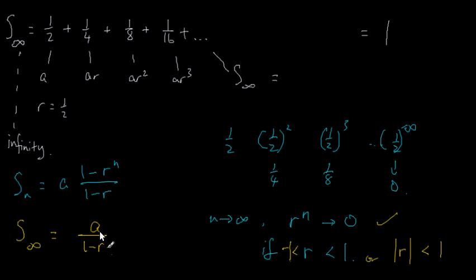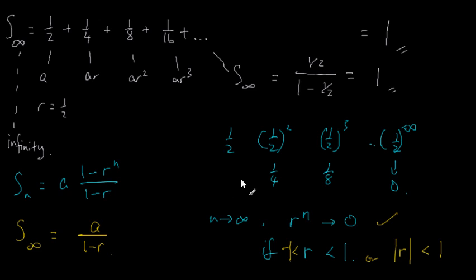Here a is half, so let me put in half down here, over 1 minus r, and r here is also half. The common ratio is half. So it's half over 1 minus half. 1 minus half is half, and half over half is 1, which is the same as this. So therefore this formula works for this.